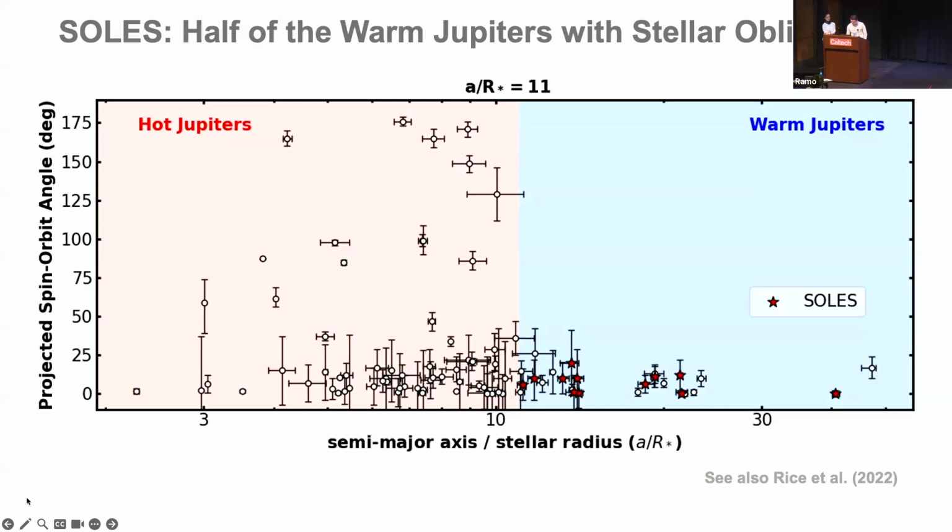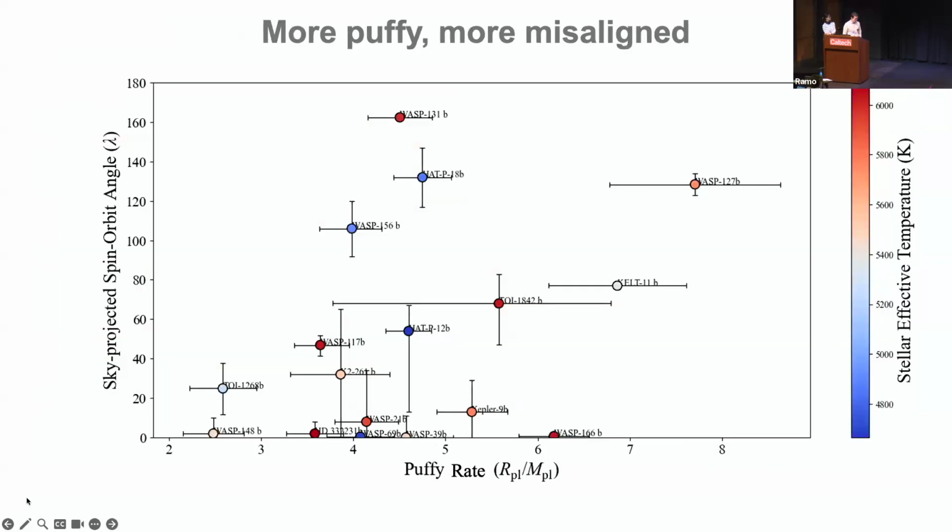We didn't see any specific difference in density, but we see this trend for sub-Saturns: more puffy, more misalignment. Currently, we don't have a very specific explanation for this, but I would like to open this question to the people here, and would definitely like to talk more about this tendency. This is pretty new, but thank you for asking.